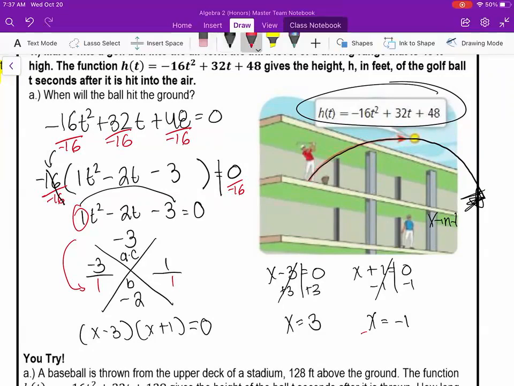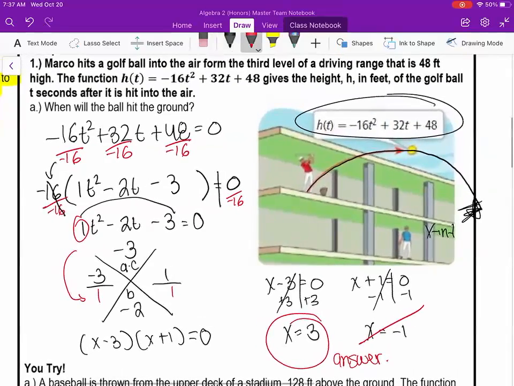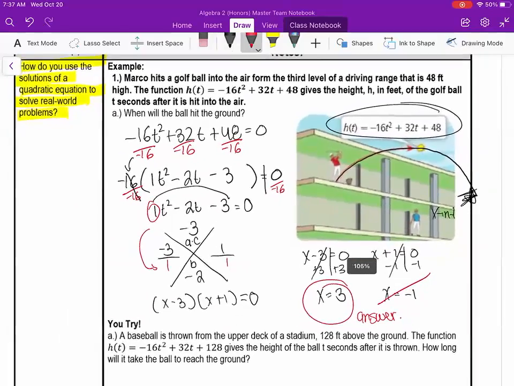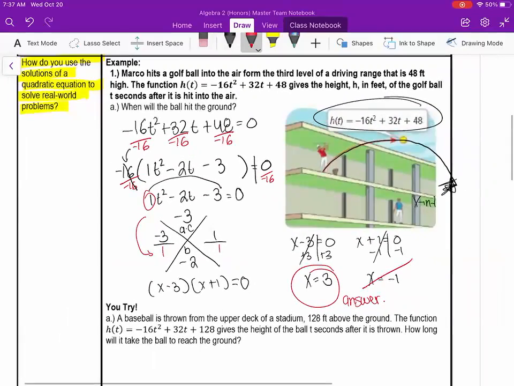So we can't use that one, which means that 3 is my answer. So when it comes to word problems, you got to make sure that the answer actually matches the real world scenario and that it makes sense. All right, so go ahead and try the next problem, and then we can go ahead and check the answer.